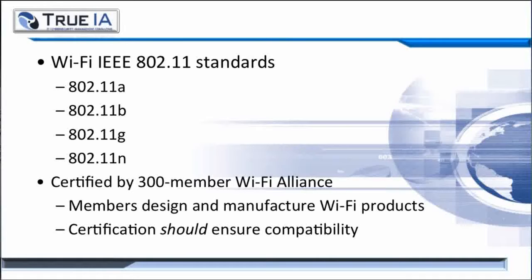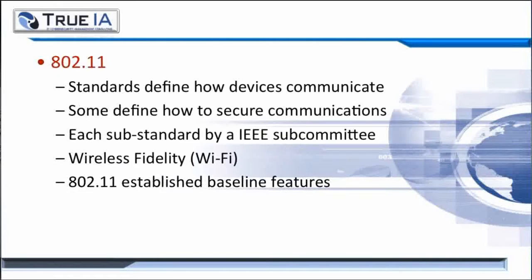They're certified by a 300-member Wi-Fi Alliance. Devices that carry this certification should ensure that they're compatible with each other. The 802.11 standard itself defines how devices will communicate, some of how they will secure those communications, and each substandard has an IEEE subcommittee.